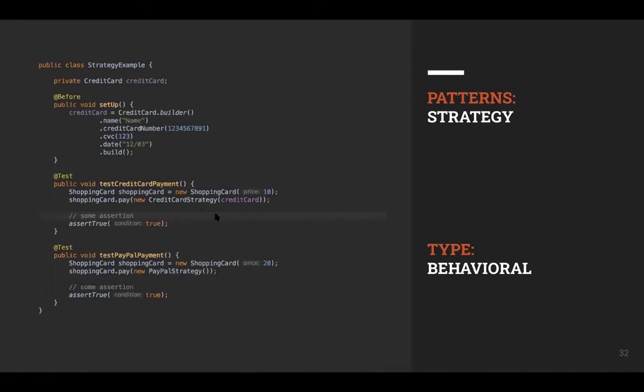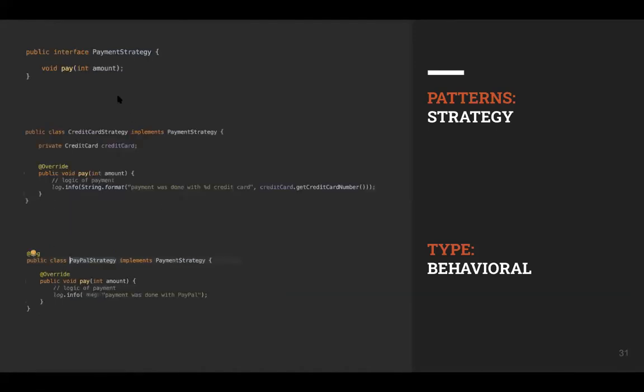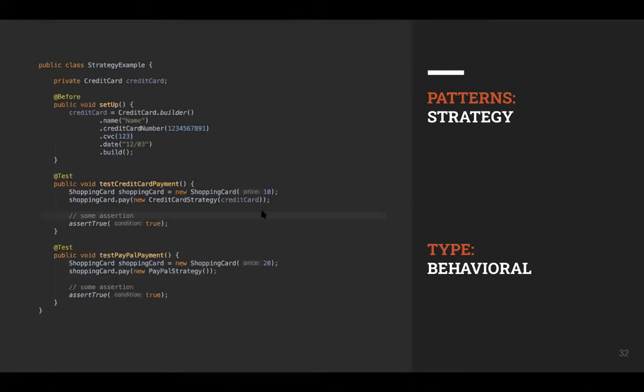And then when you want to use any of these strategies, just pass it as a parameter to your shopping cart. The same method name, pay, where inside this pay you can call the pay method of your strategy, and that's it. It makes your tests also more readable.